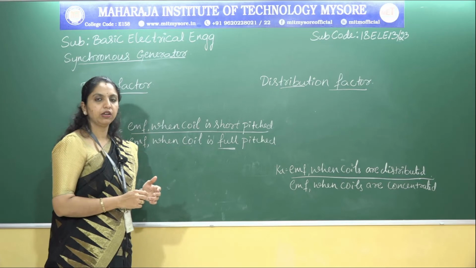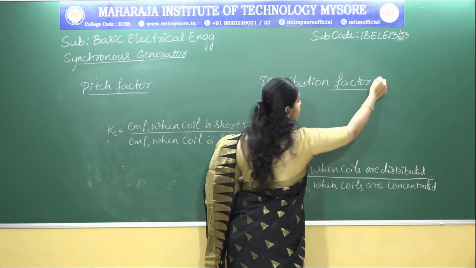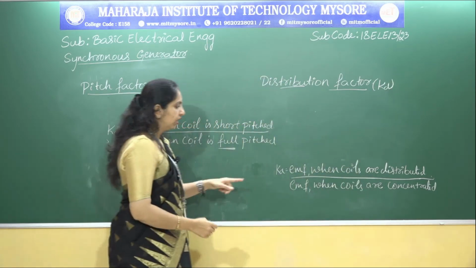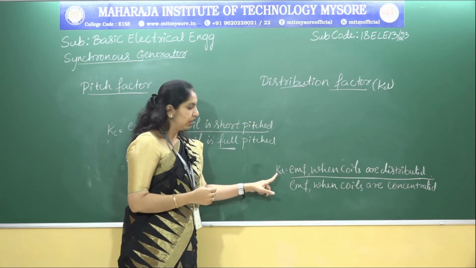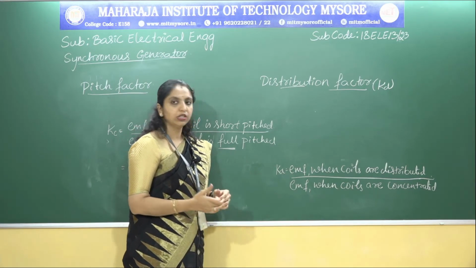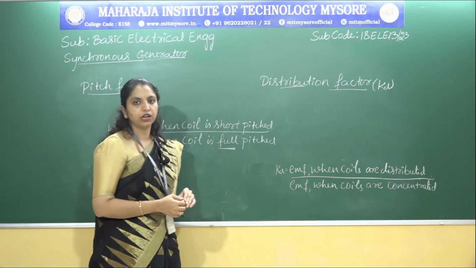Similarly, we have another winding factor, the distribution factor, which we denote as Kd, K suffix D. It is defined as the ratio of the resulting EMF when the coils are distributed to the EMF when the coils are concentrated.